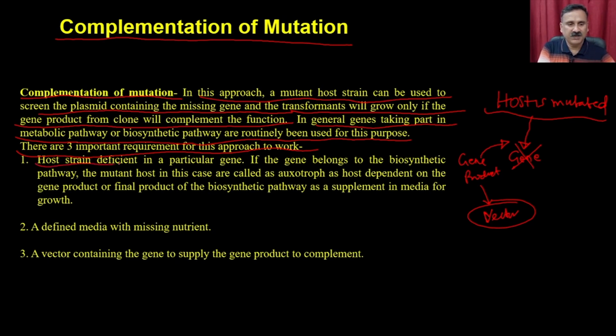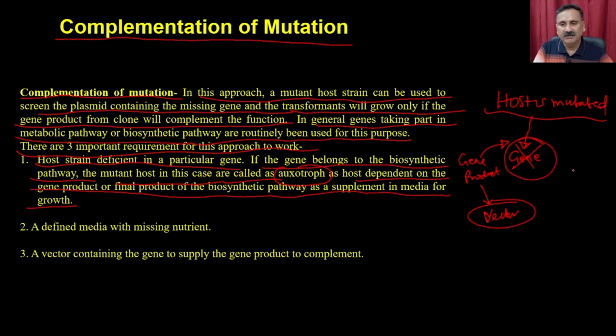The host strain deficient in a particular gene. If the gene belongs to the biosynthetic pathway, the mutant host in this case is called an auxotroph, as the host depends on the gene product or the final product of the biosynthetic pathway as a supplement in the media for growth. So in some cases, this gene could be a part of the metabolic pathway and be responsible for providing some crucial biosynthetic molecule.